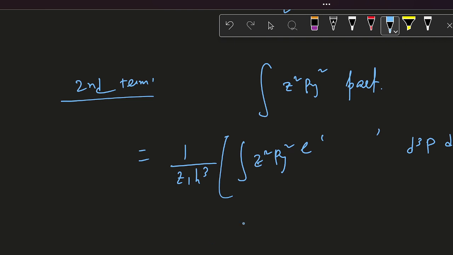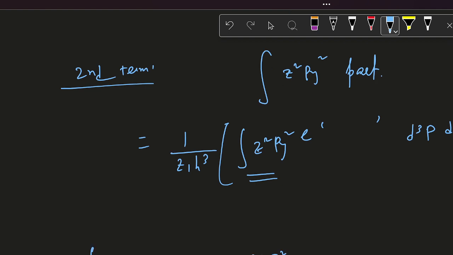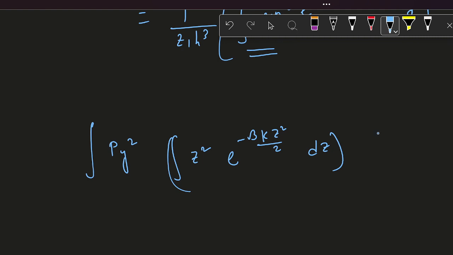If I am doing the second part of the integral, which is the z squared py squared integral, I can separate py squared first and then only take the dependencies in z, which is z squared e to the power of minus beta k z squared by 2 dz. For dx you have e to the power of minus beta k x squared by 2 e to the power of minus beta x py dx.